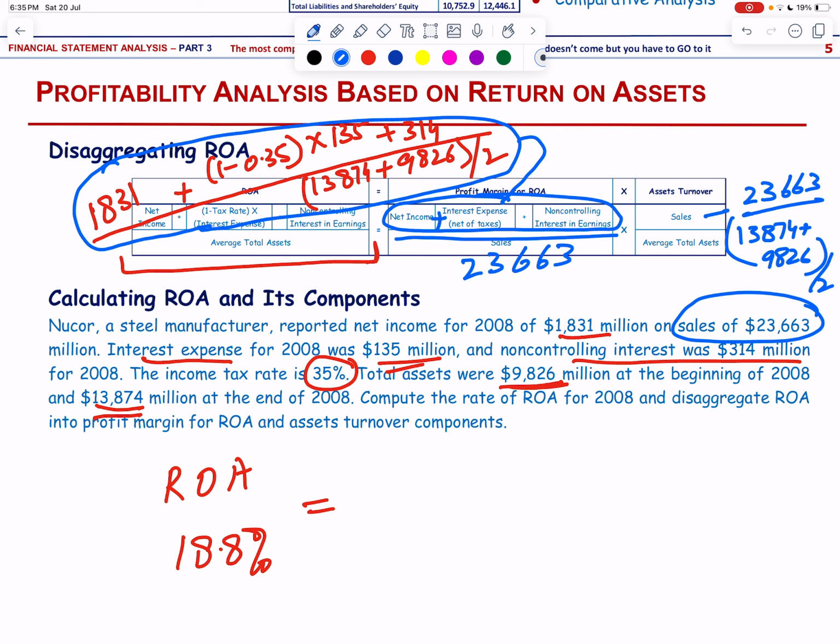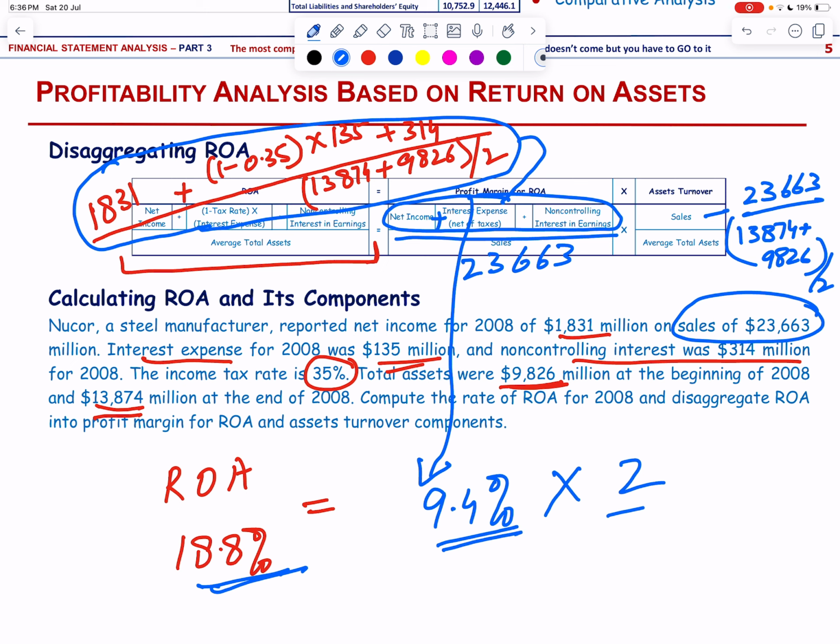So this is for the profit margin for return on assets. When you calculate, it will be 9.4%, and times assets turnover, and assets turnover is 2 times. So you can see that the return on assets is equal to profit margin for return on assets times assets turnover.